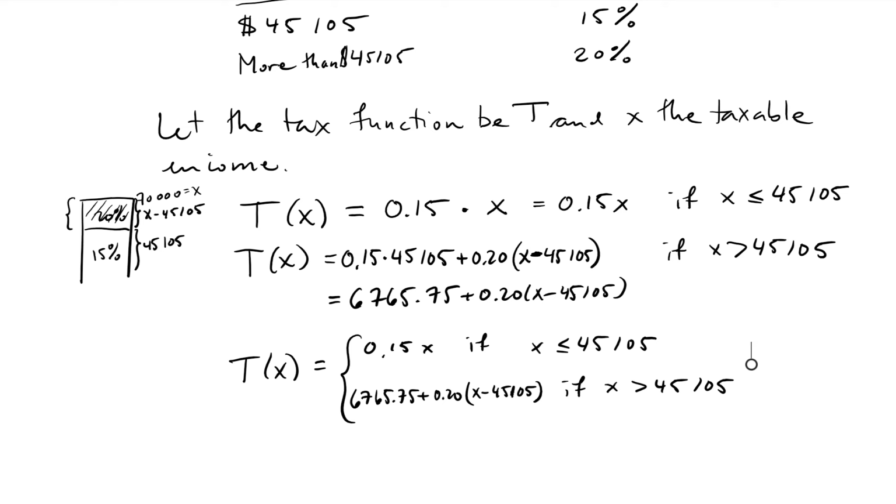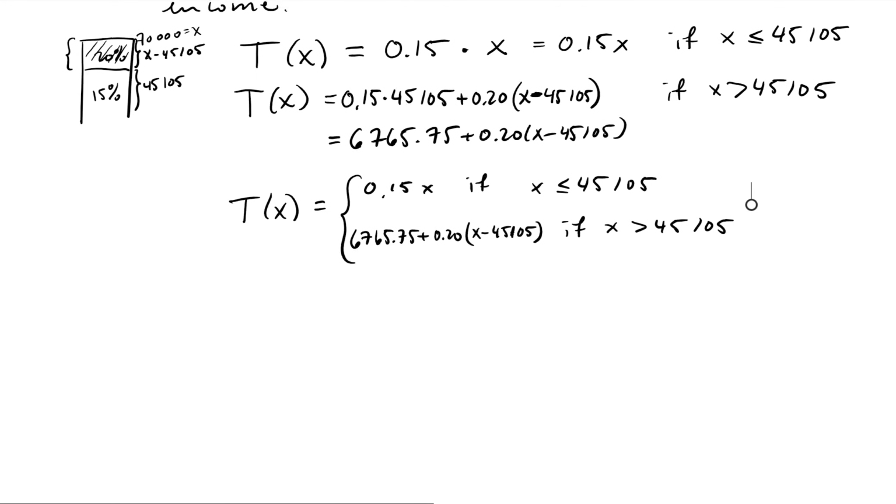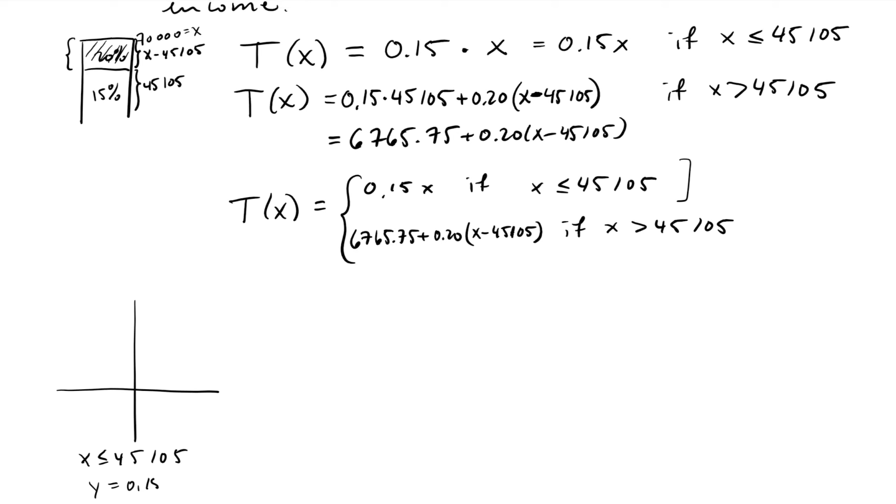And we could graph this, actually. Want to see how the graph looks? Once again, we've got to piece together two curves. If X is less than or equal to 45,105, it's 0.15x. If we graph y equals 0.15x, it's a line with a slope of 0.15. It starts at 0, right?